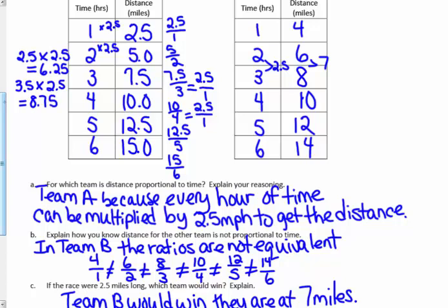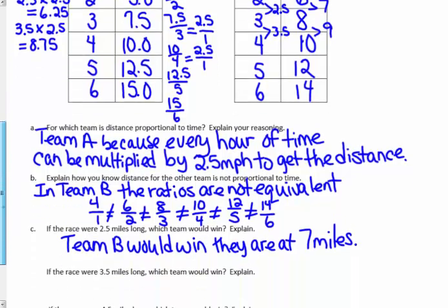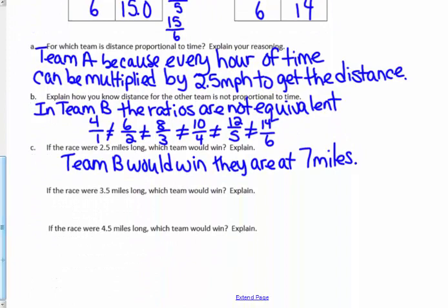For Team B, 3.5 would be halfway between 8 and 10, which is 9. They're still further ahead. Team B would win because they are at 9 miles. Using a little shortcut here.